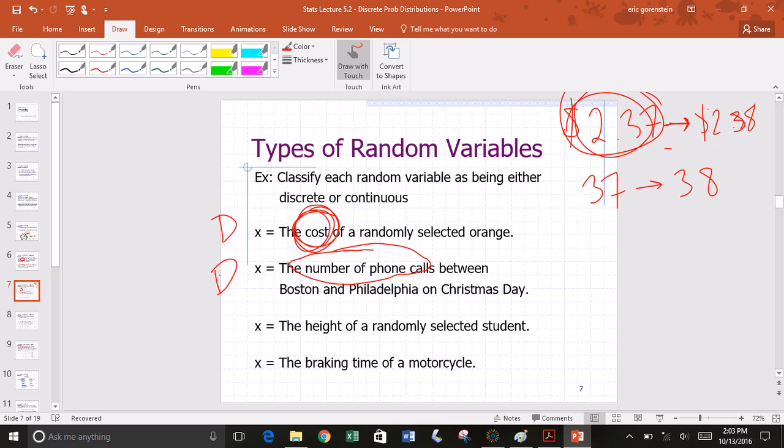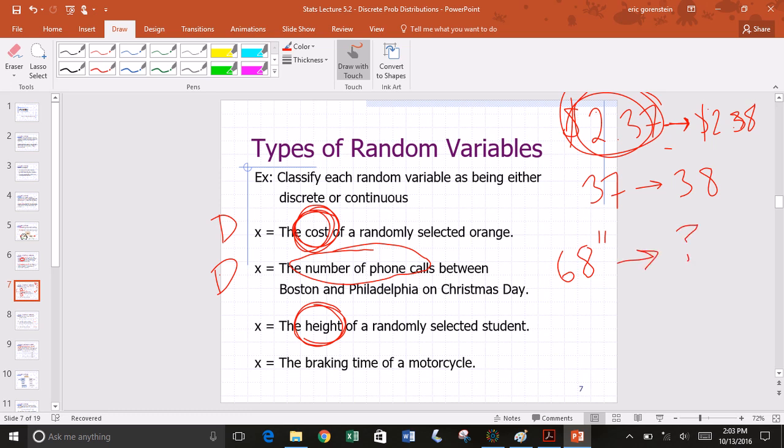The next one, the height of a randomly selected student? Well, for height, it doesn't really make sense to talk about what is the next value. So let's say 68 inches. So one student is 68 inches tall. What is the next possible value after 68?